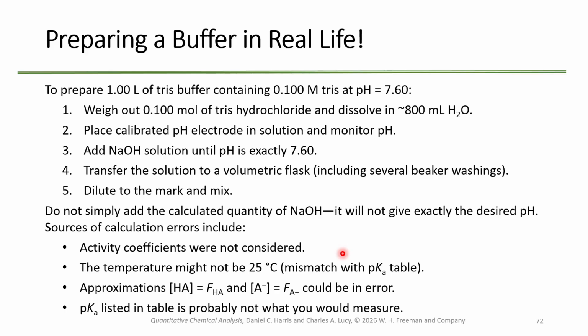Okay? And so that is going to give you some error, though these are typically the larger errors that get included in this. The pKa listed in the table is probably not what you would measure in your specific setup. There are a lot of things that can go into a pKa, including the temperature, of course, which we've already talked about.